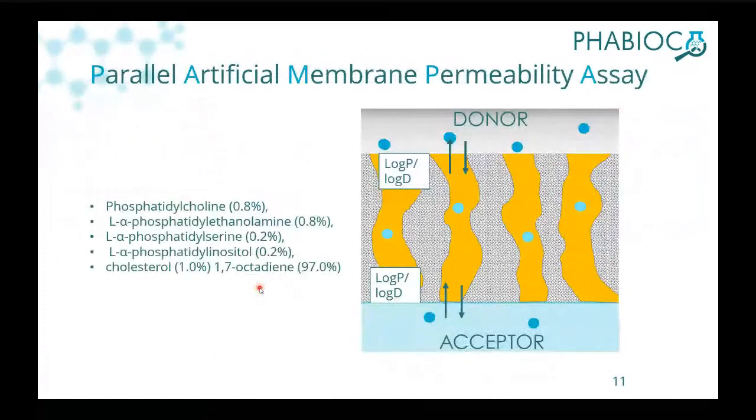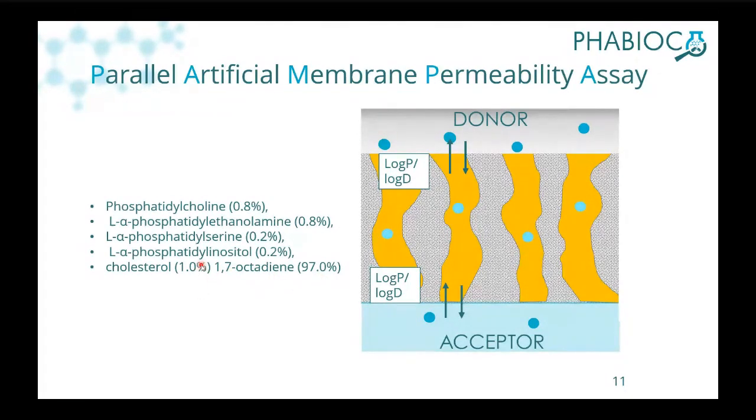Focusing a little bit more on the composition and the structure of the barrier, the parallel artificial membrane permeability assay, the PAMPA, developed by Kansy in 1998, is basically an inert filter, nitrocellulose or other sources, which is soaked in a solution of an organic solvent, octadiene in this case.